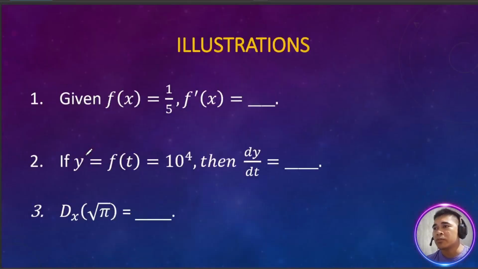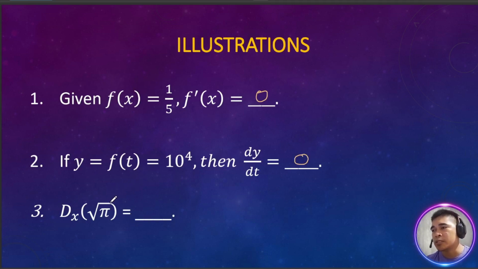So, we have some illustrations. Number 1, given f of x is equal to 1 over 5. The derivative of 1 over 5, since this is a constant, the answer is 0, based on our theorem. Next, if y is equal to f of t is equal to 10 to the power of 4, then dy over dt of 10 to the power of 4, since it is a constant, is also 0.